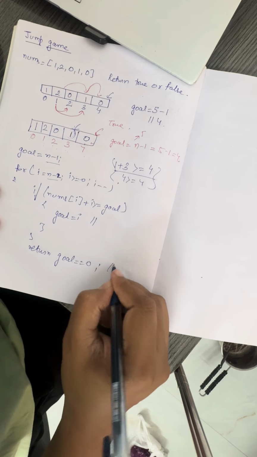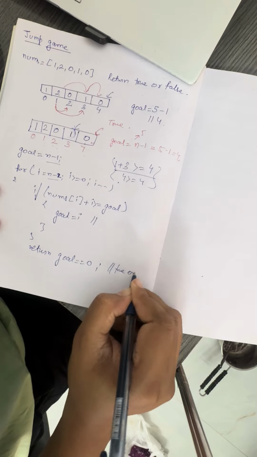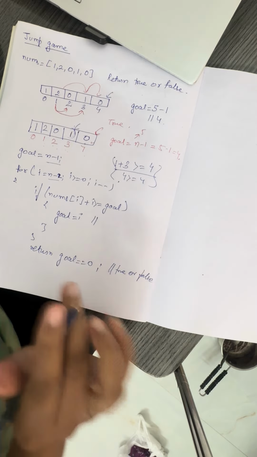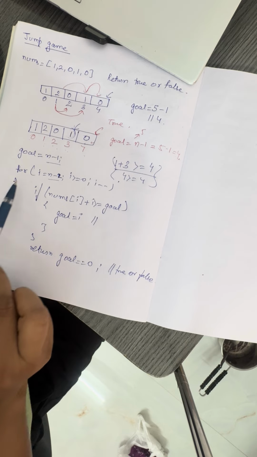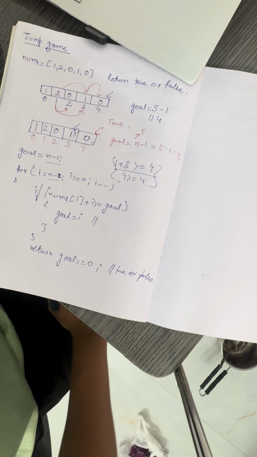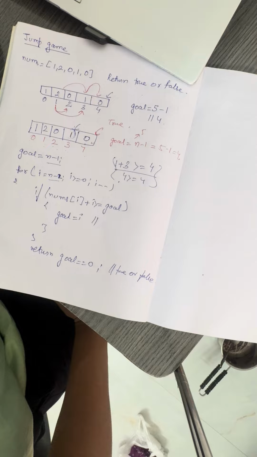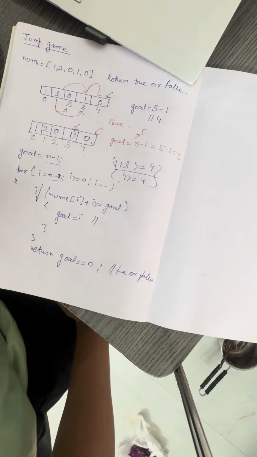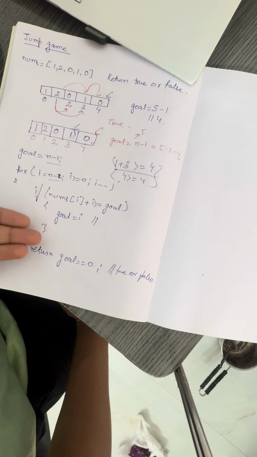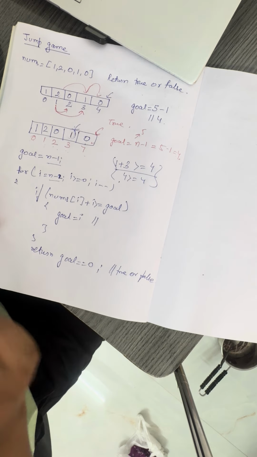This will return true or false based on the question. If we are not able to reach an element in any case, the goal will not be equal to 0, and we are going to return false. If we are able to reach the last element, we are going to return true. So this will be the value.